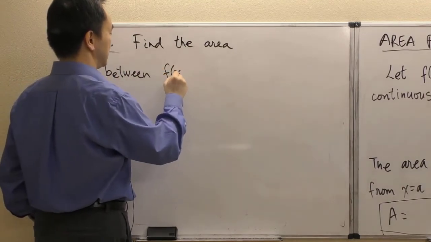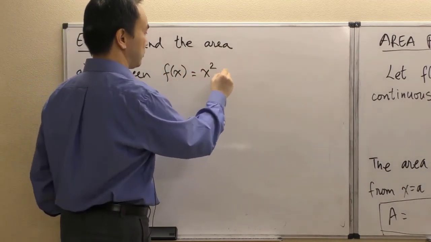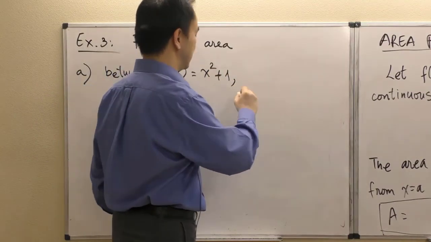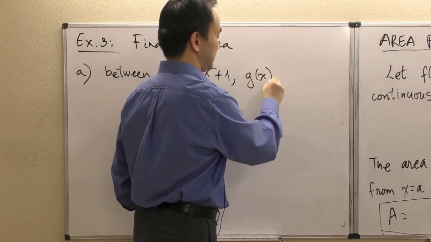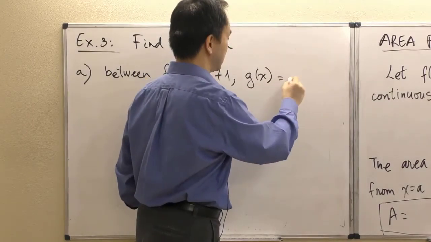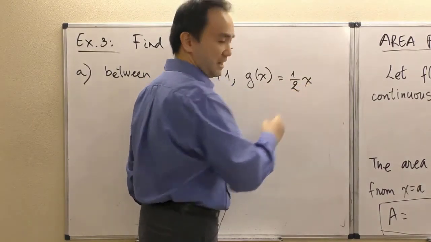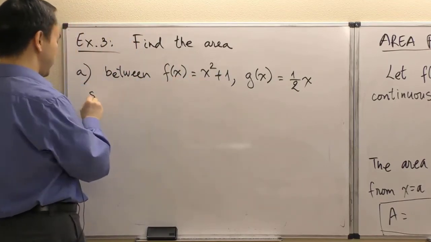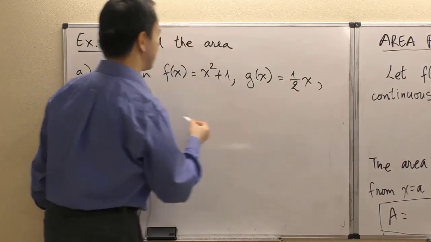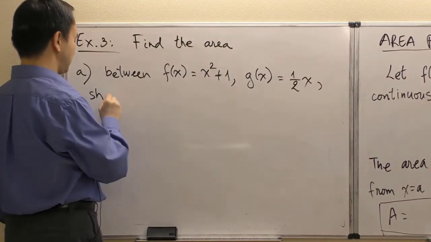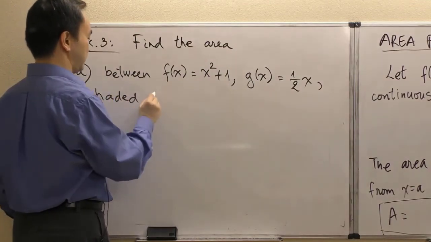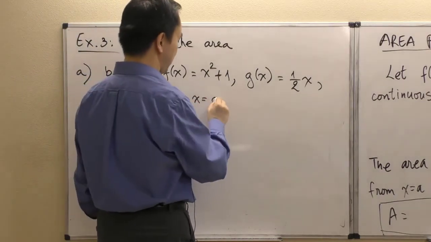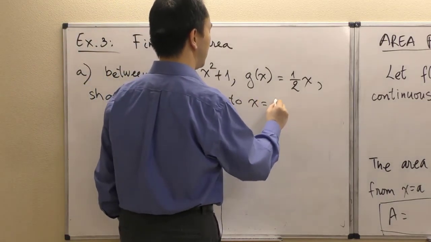One of them is f of x equals x squared plus 1. And the other curve is g of x equals 1/2 x. And of course, this area between the two curves is shaded from x equals 0 to x equals 1.